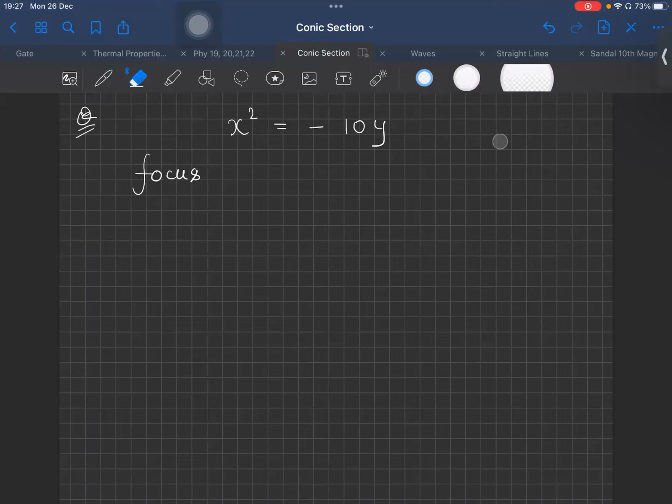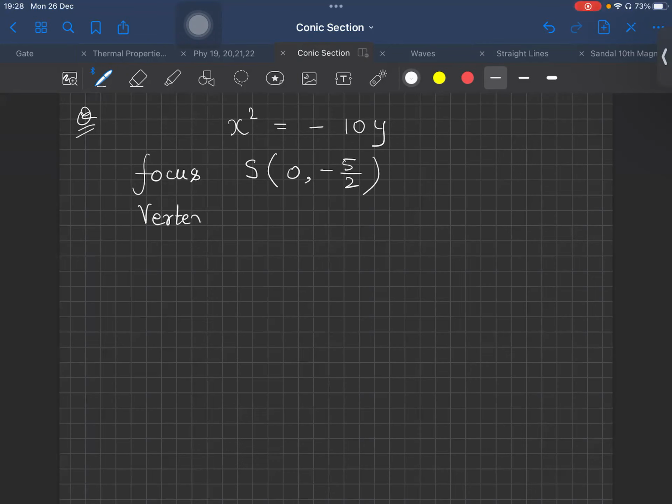Tell me the coordinates of focus. Sir, 0, comma, minus 5 by 2. Okay. Tell me the vertex. So 0, comma 0. Origin is the vertex. Very good. Others, directrix.